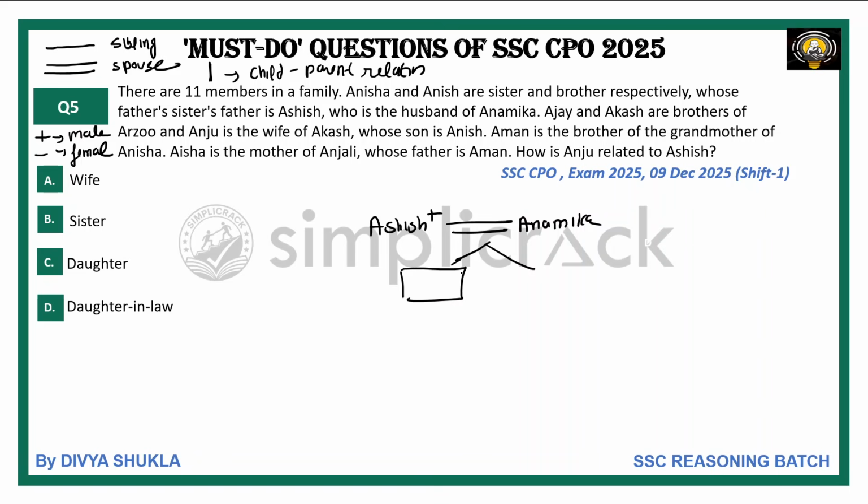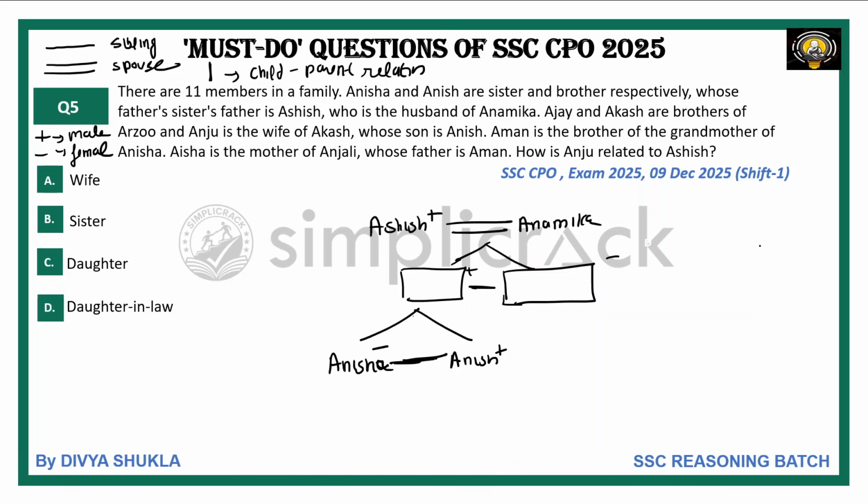I'm writing in a square box both of these, and these are siblings. And whose father's sister's father. So this is the father, and this father is having two children, that is Anisha and Anish. So they are brother and sister.